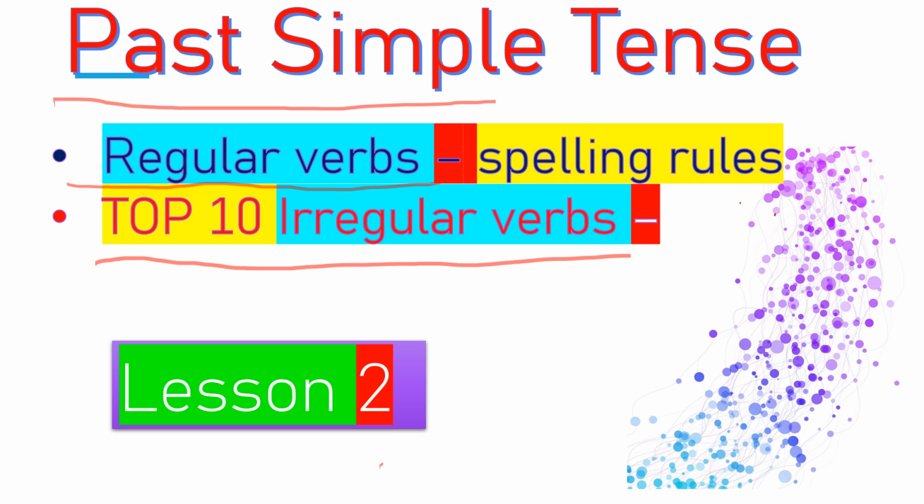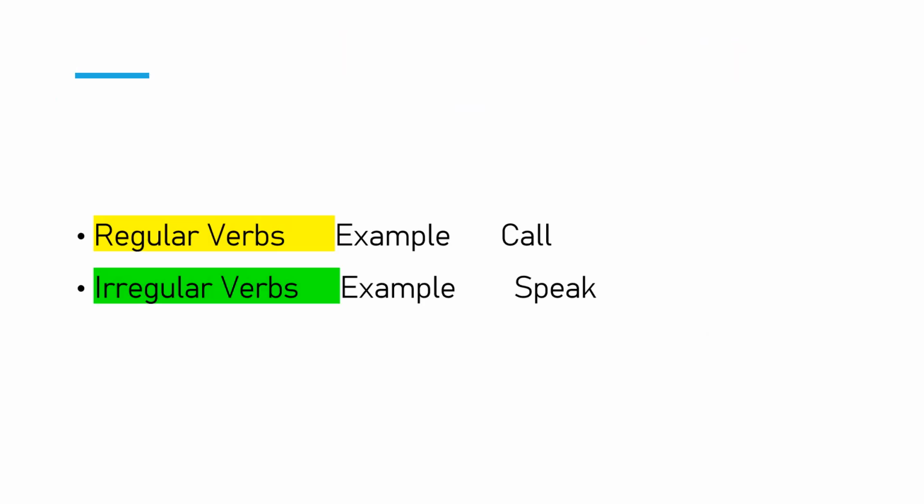So let's start. As I have mentioned in my previous lesson, there are two types of verbs, regular verbs and irregular verbs. A regular verb is the one that forms its simple past tense and its past participle by adding ed or d to the base form of the verb.